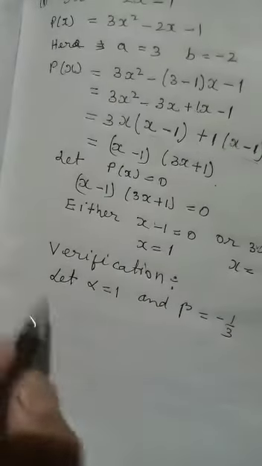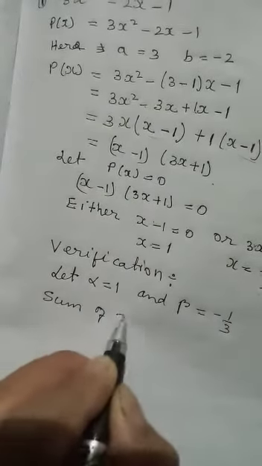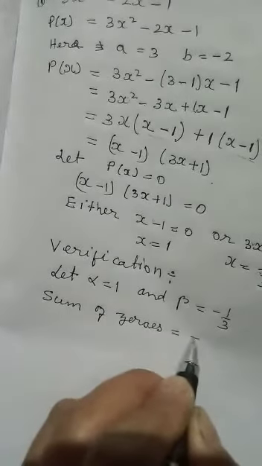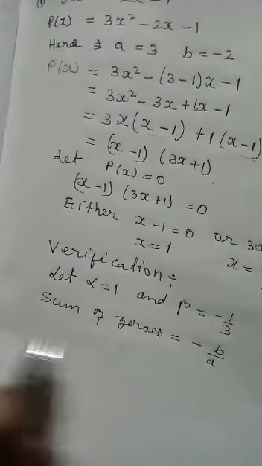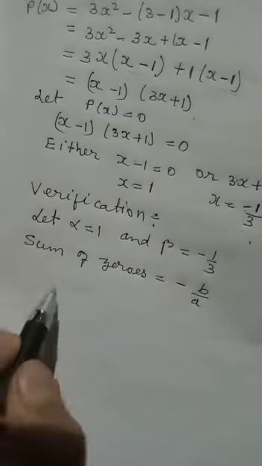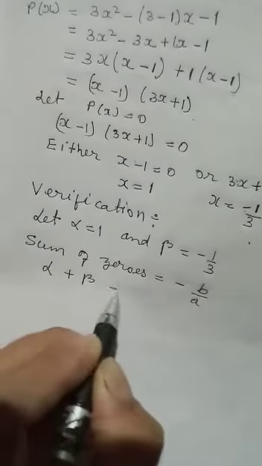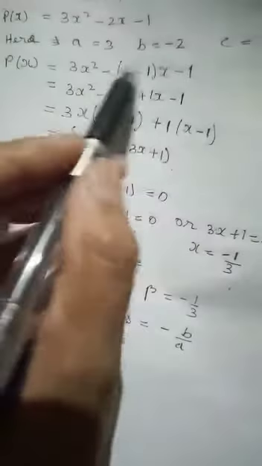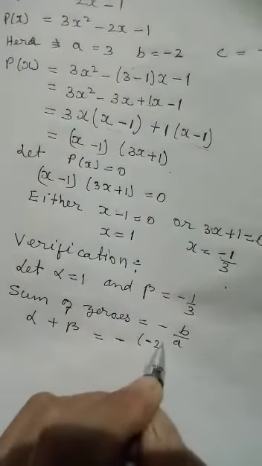So remember the formula. From the formula we already have sum of zeros. It should be equal to minus b by a. We have to see that these two are equal. Sum means what to do? We have to add: alpha plus beta equal to minus b by a. B we already have from here, equal to minus 2.